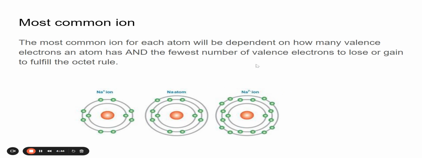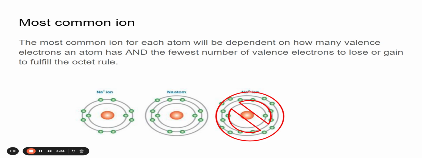And it turns out that if we're thinking about the fewest number of valence electrons, gaining 7 more would not be energetically favorable. That's gaining too many electrons. And so this is not an option. Sodium 7 minus is not an option.